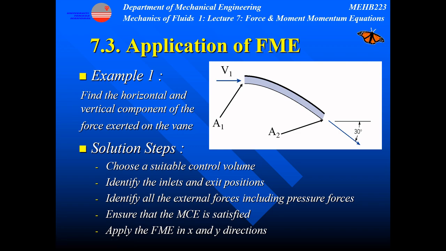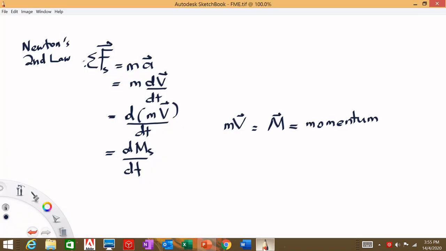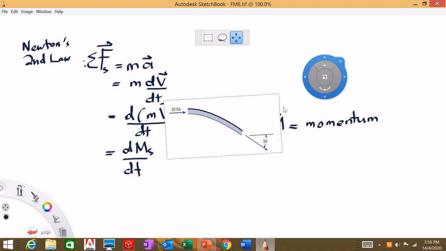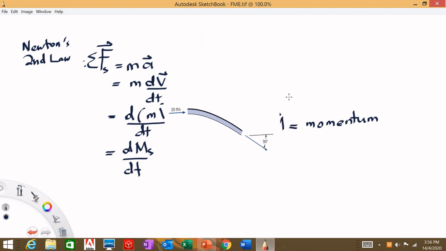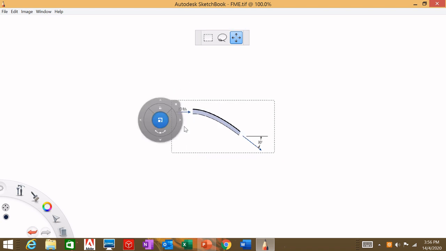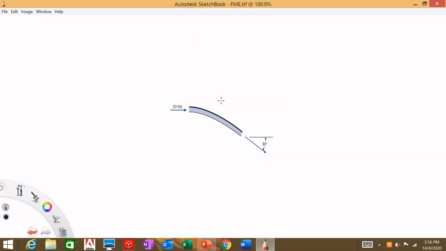Let me draw this. I just draw here. So this is the vane.